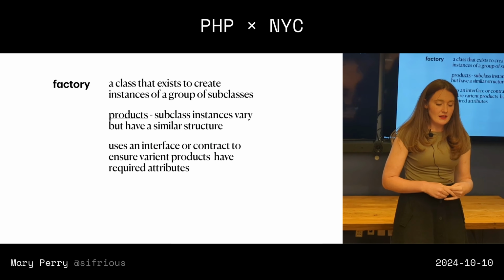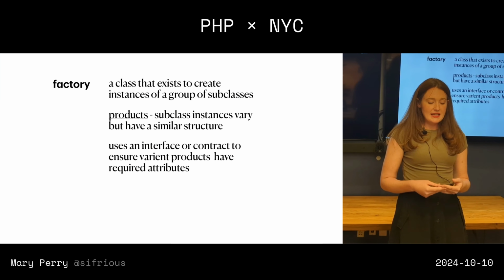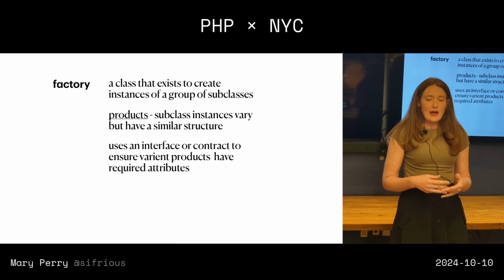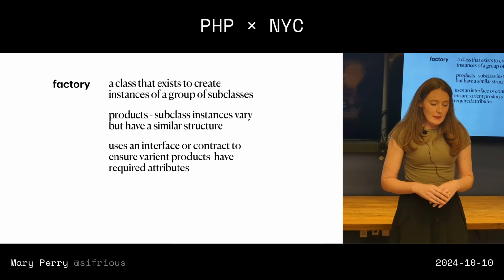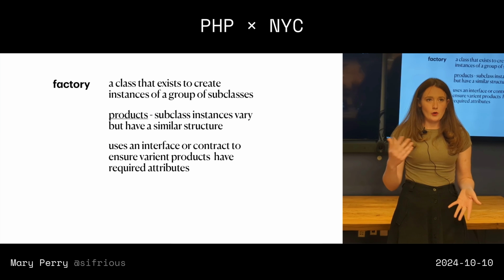What's a factory? It is one of a few design patterns that exist to create instances of a group of subclasses. So you have a family of products. The subclasses' instances vary, but they have a similar structure, so you don't want to go too wild with things. And it uses an interface or a contract to ensure variant products have all of the required attributes.